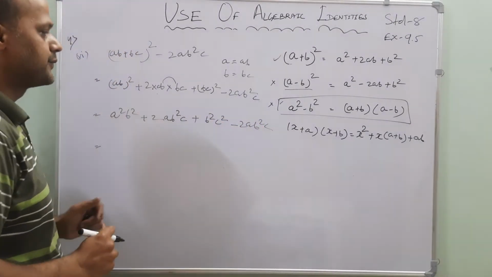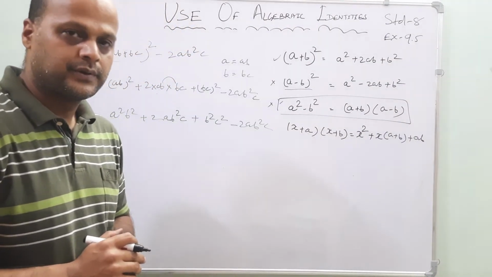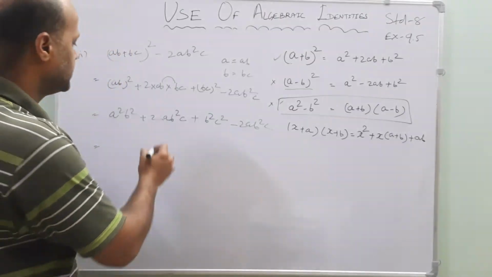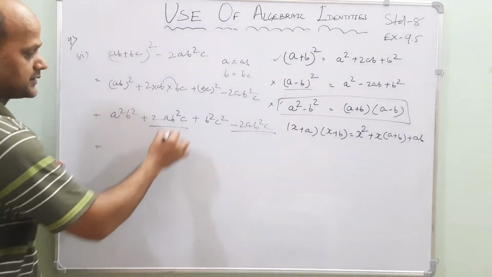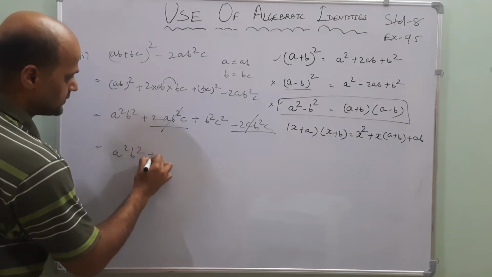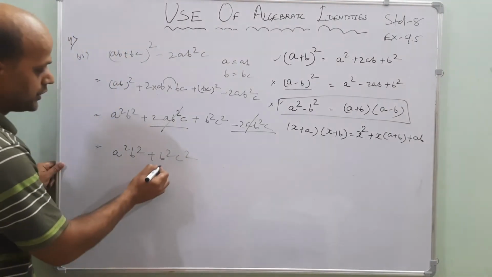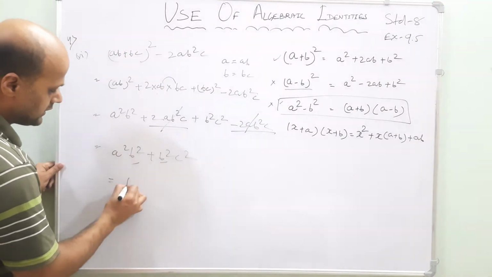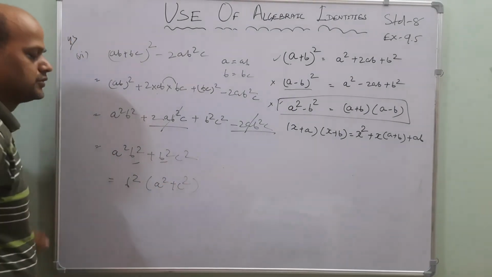Now you just tell me, my dear friends, are there any same variables? Yes, it is 2a square b plus 2ab square minus. So both of them are cancelled. Remaining will be as it is plus b square c square. You can also write it like this, b square is common: b square into (a square plus c square). This is also your answer.